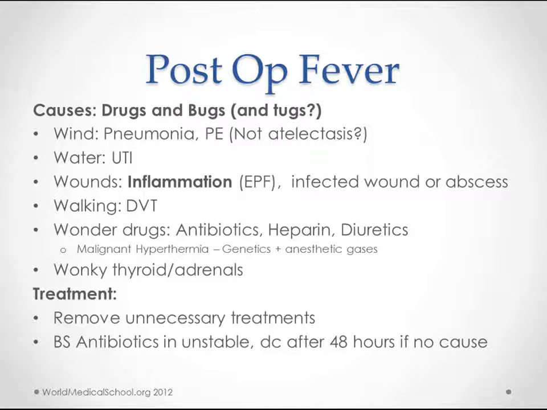So then we also have wonky thyroid or adrenals. Hope you don't mind that I threw that in there, because we can get thyroid storm, and you can also get adrenal crisis after surgery. So those are things that may be on your differential.